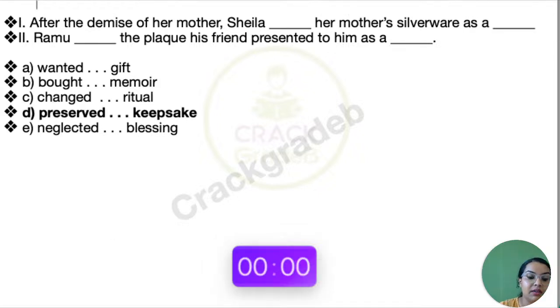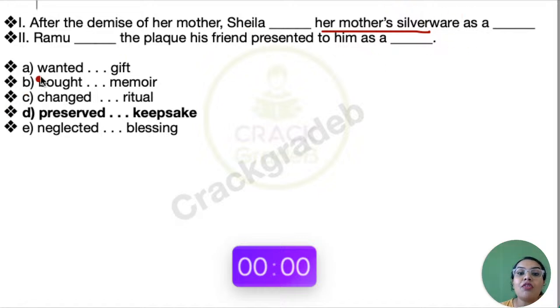Answer is D. See, guys, both the sentences, both the blanks. That means there are four places you have to check and see what is said here. After the demise of her mother, Sheila dash her mother's silverware as a dash, okay, crockery, silverware.